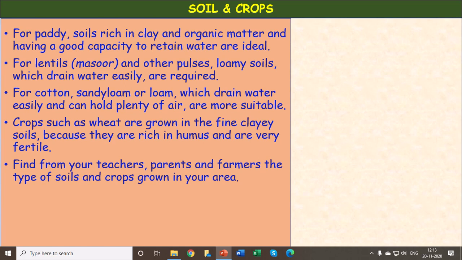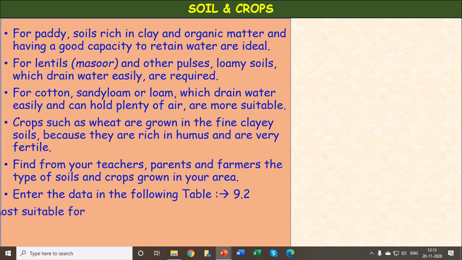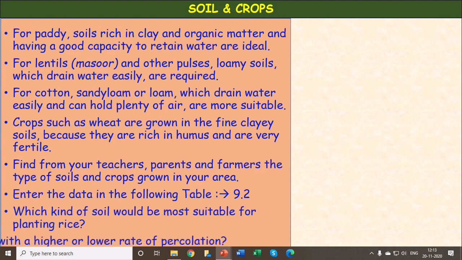So find from your teachers, from the parents and the farmers, the type of soils and the crops grown in your area, and fill in the form of a table to collect the data. Enter the data in the form of a table. Which kind of soil would be most suitable for planting rice?